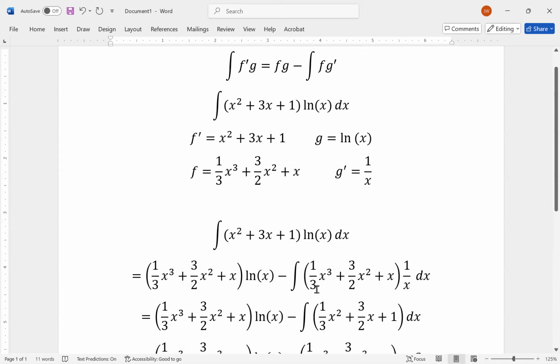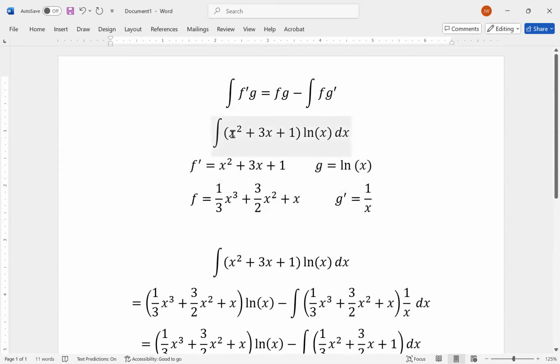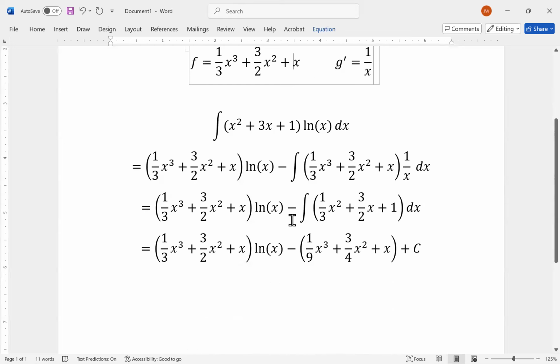So again, if we have polynomial times natural log, let the natural log be g, so that when I take a g prime, that interacts very well with any polynomial, through multiplication anyways.